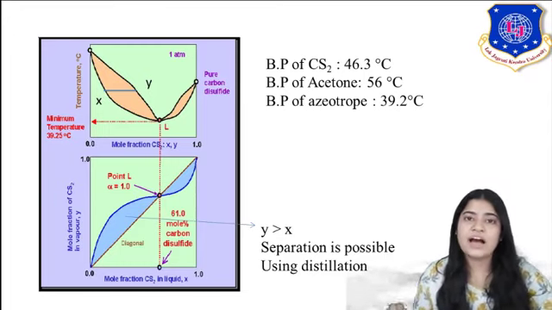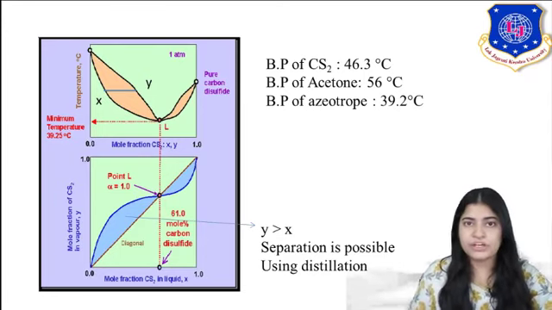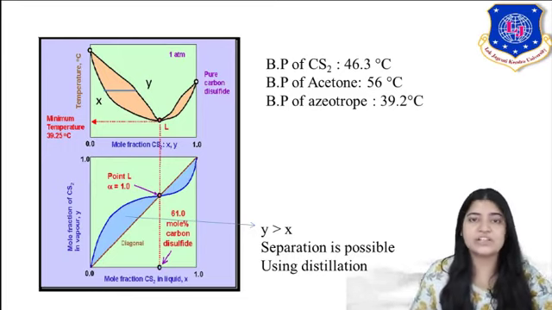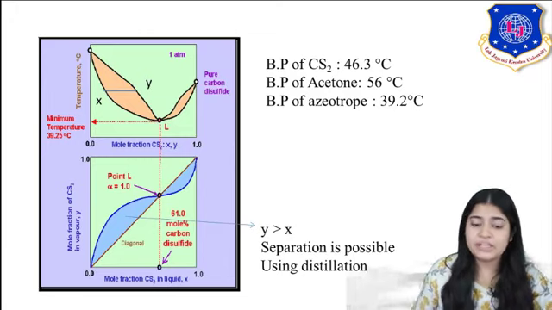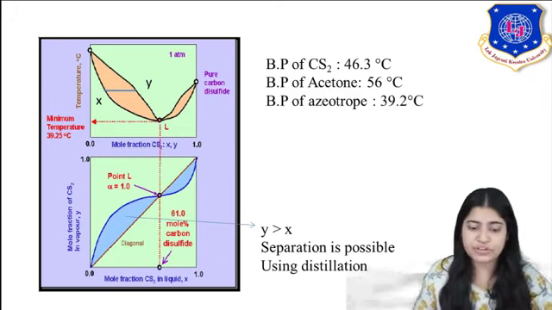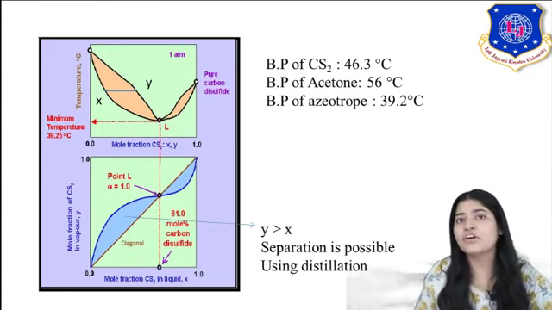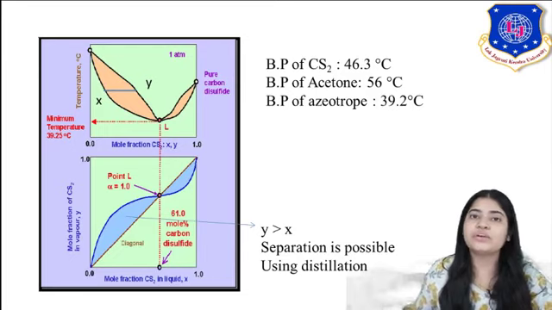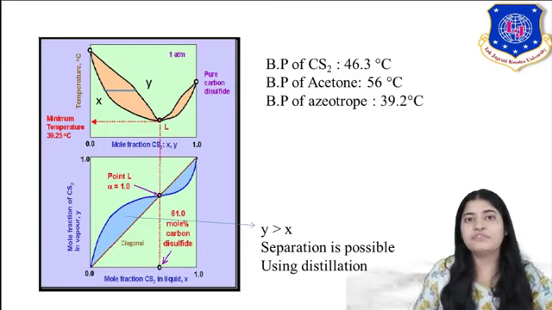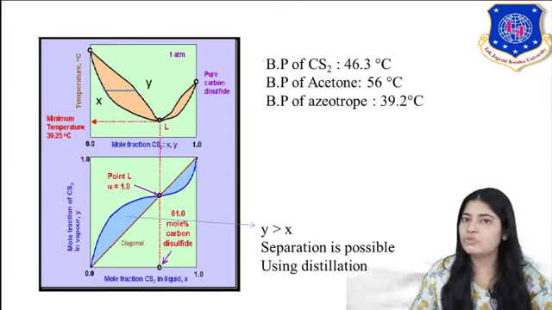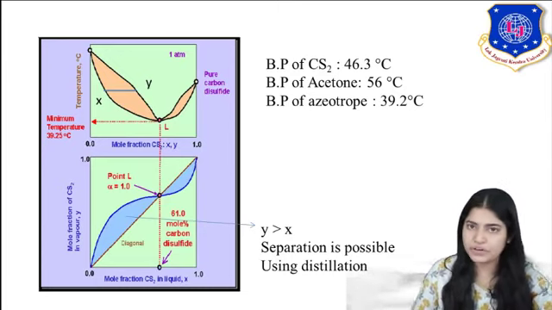It means my relative volatility is more than 1. But at L point, at 0.61 mole fraction of carbon disulfide, when my azeotrope is formed, my relative volatility is 1. It means at 0.61 mole fraction of carbon disulfide and the remaining acetone, both are equally volatile. Hence, when I am supplying heat, the vapors produced would have the same mole fraction as in the liquid phase.